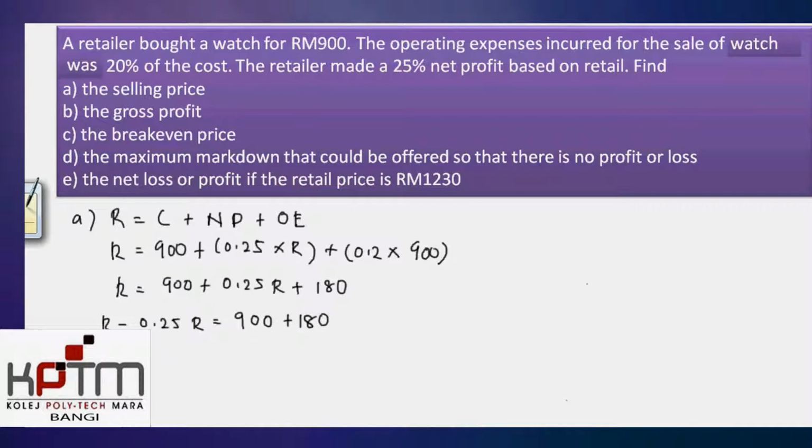So R minus 0.25 R is 0.75 R equal to 900 plus 180 ringgit, which is 1,080 ringgit. So R is 1,080 ringgit divided by 0.75 equal to 1,440 ringgit.